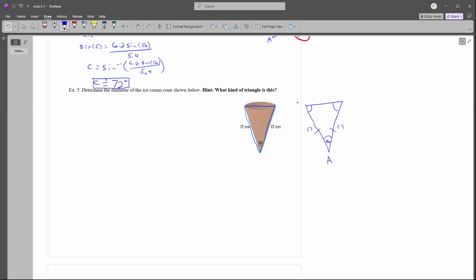So this is going to be triangle A, B, and C. So looking at this, we can see that angle B is going to be equal to angle C because of the isosceles triangle theorem. Great. Now, can I calculate angle B and C? Yeah, I can. So let's say we have angle C is going to be equal to 180 minus that 36. That's going to leave whatever's left over for both those angles. And since they're the same size, we're going to divide that by 2. And what you're going to get is a value of 72 degrees.